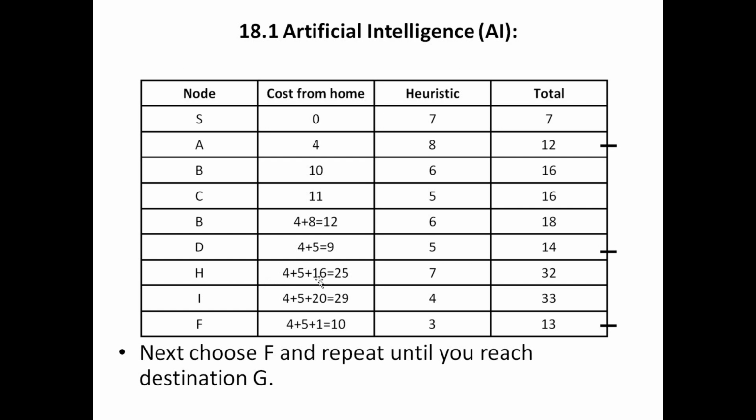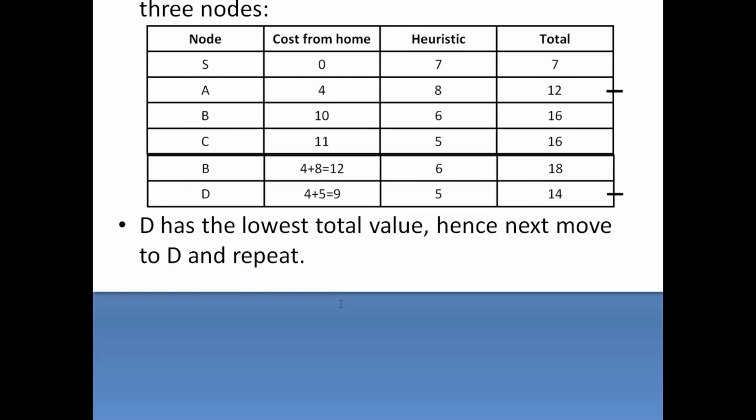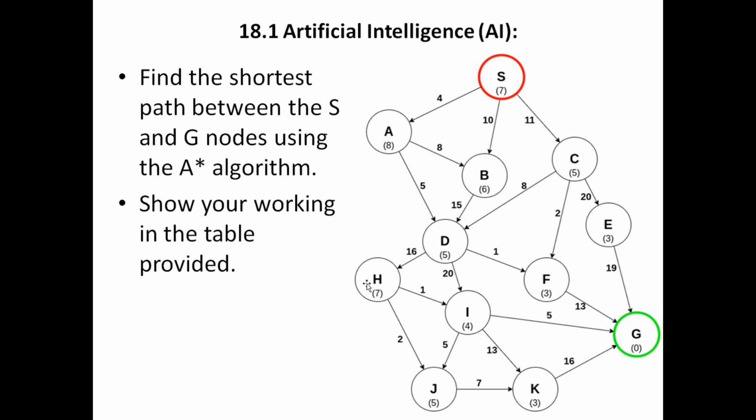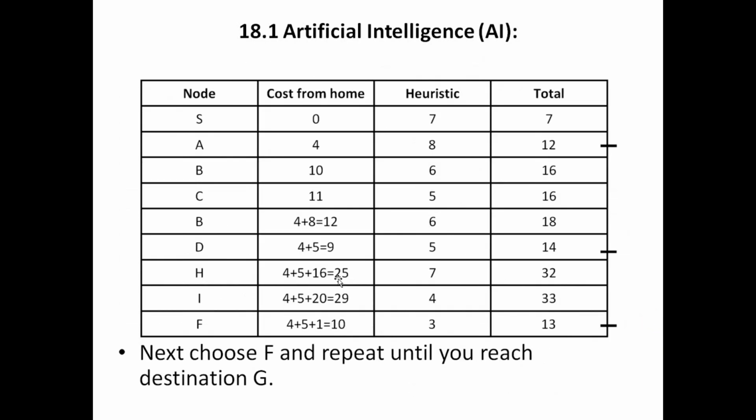For H it will be 4 plus 5 plus 16, for I it will be 4, 5, and 20, for F it will be 4, 5, and 1. This will be cost from home. Heuristic for H is 7, for I 4, and for F 3. Out of these three, F has the lowest total of 13.